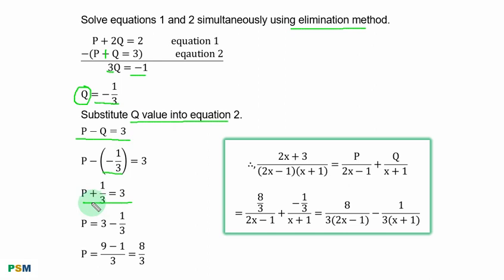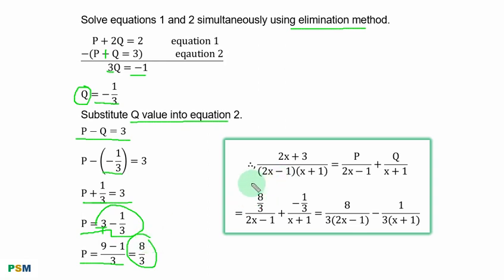Transfer plus 1 over 3 to the right hand side to make P stand alone. To simplify this fraction, you write 3 as 3 over 1. Then you find the LCM and simplify. You have this result, and P is equal to 8 over 3.